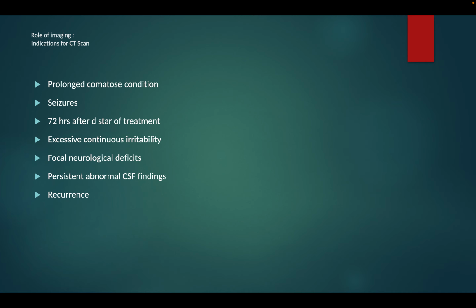Also if the patient has excessive continuous irritability with focal neurological deficits, if they have persistent abnormal CSF findings, and of course if there is recurrence of meningitis, to look for any other causes missed in the earlier episodes, like brain abscesses or something like that.